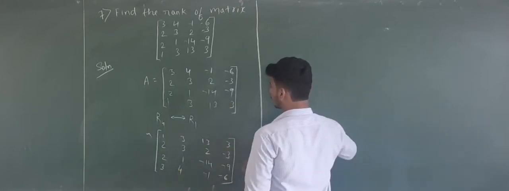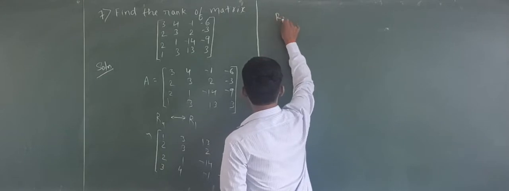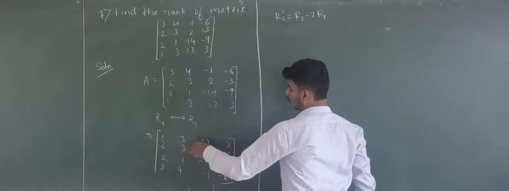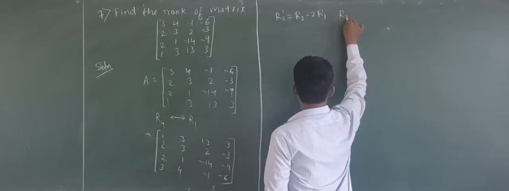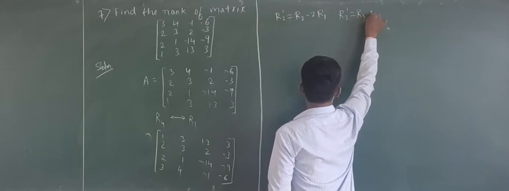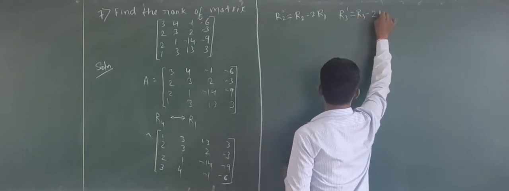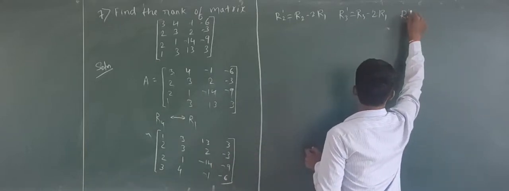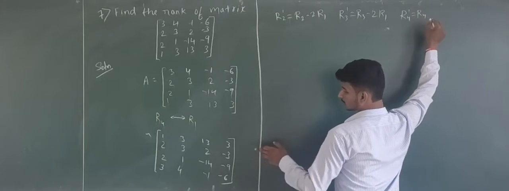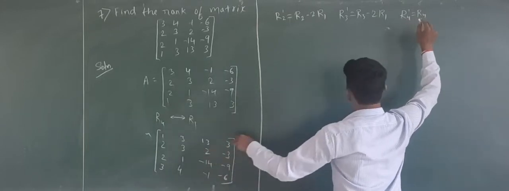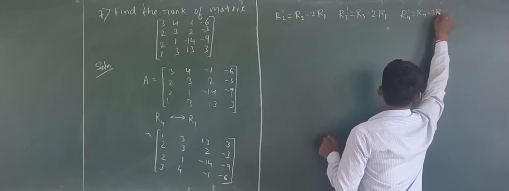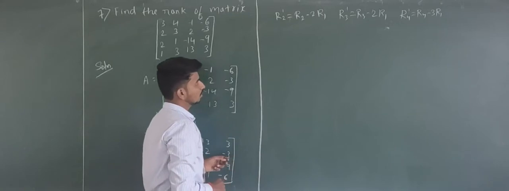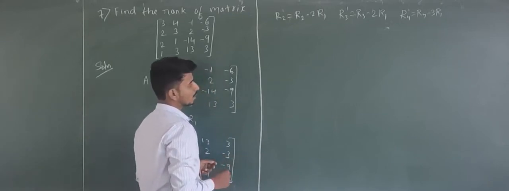So we apply elementary transformations: R2' equals R2 minus 2R1, R3' equals R3 minus 2R1, and R4' equals R4 minus 3R1.